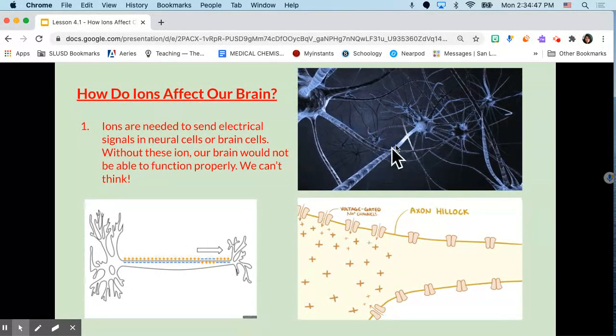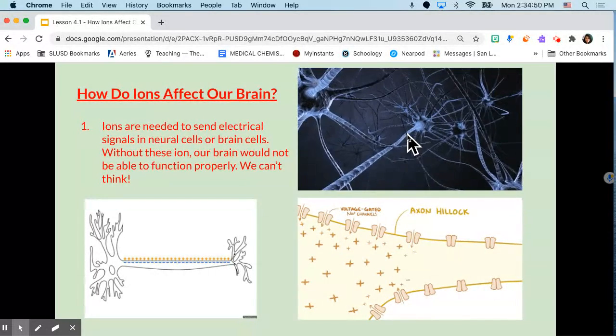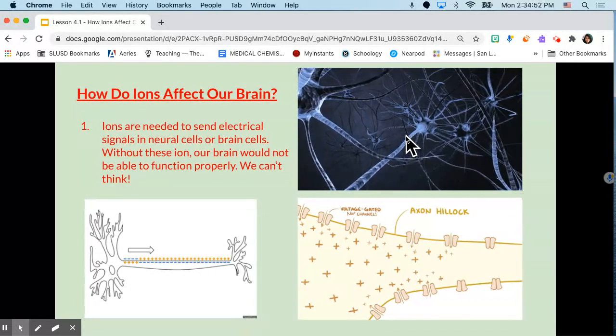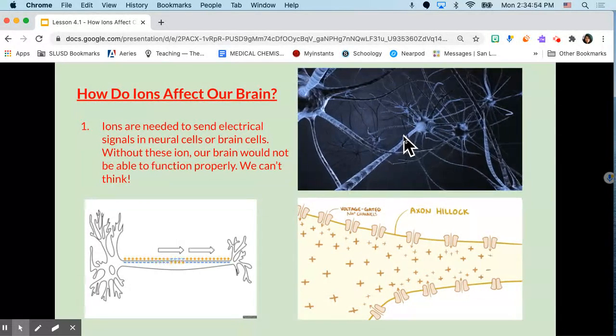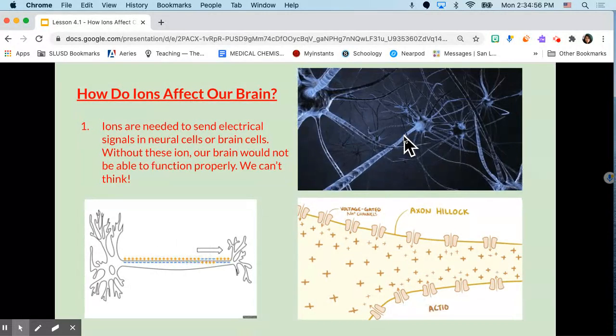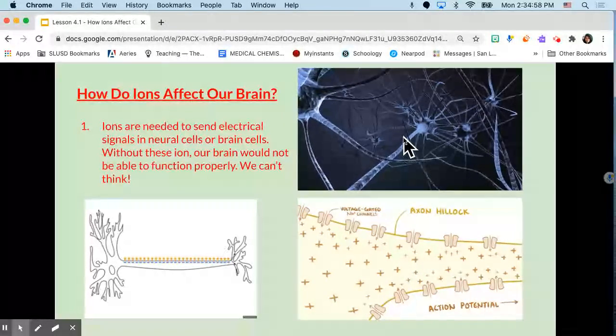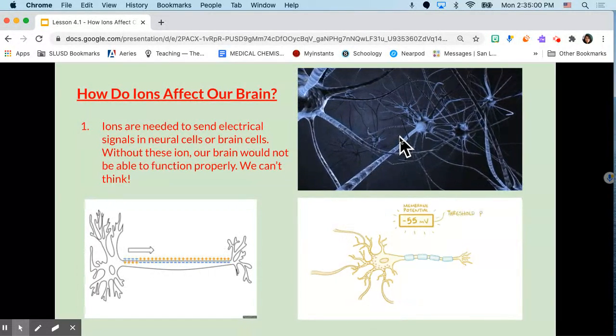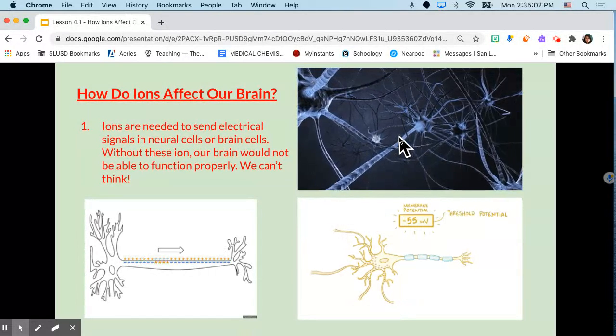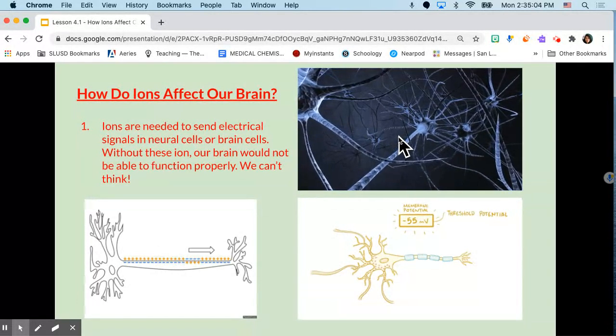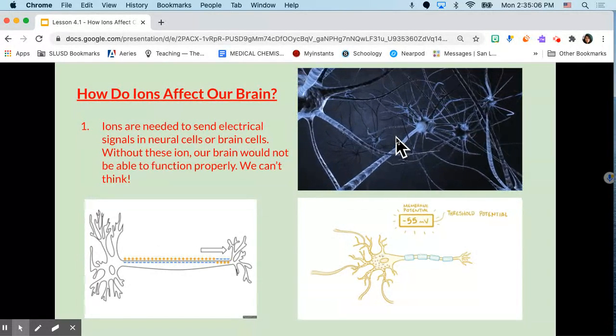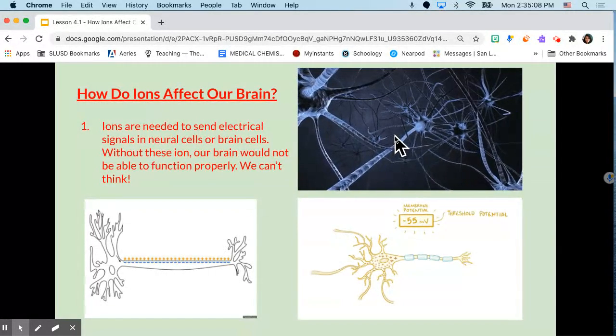So, how does this electrical function work? Well, it's dependent completely on ions or the salts inside your body, specifically sodium and potassium. Those are the two main salts that your brain requires to function. I believe chlorine is also involved and very important.